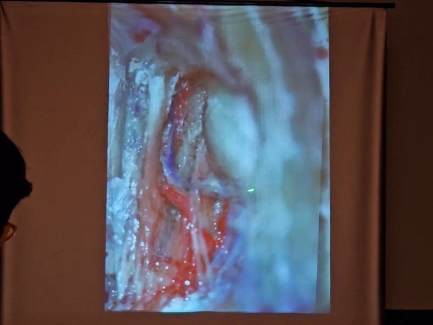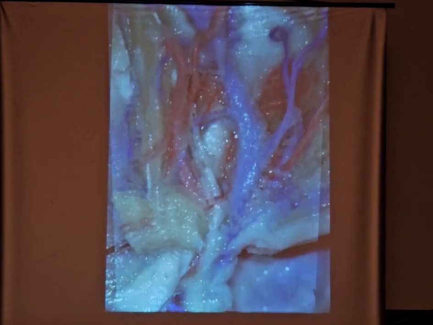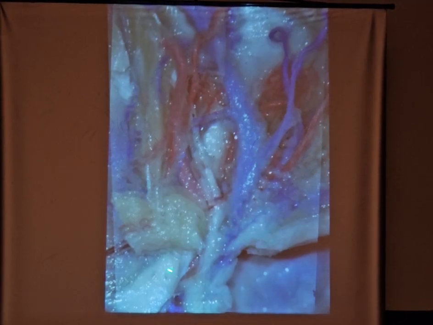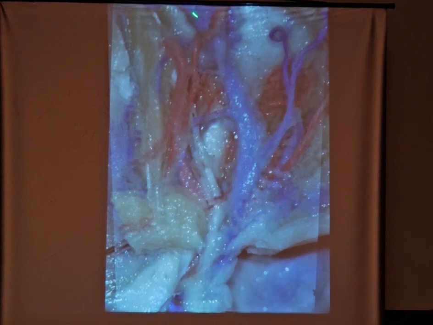So we have here this vein rolling back and crossing the orbit to reach here the superior orbital fissure. This superior ophthalmic vein receives tributaries from muscles.